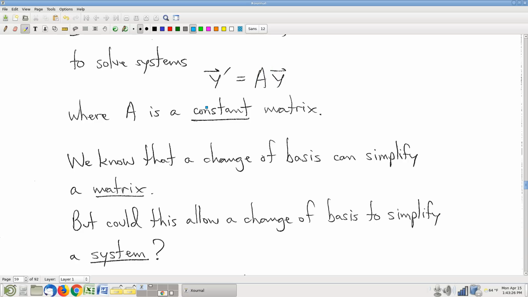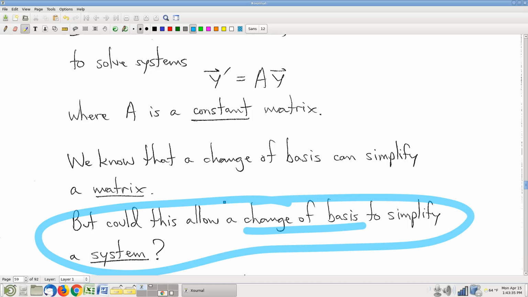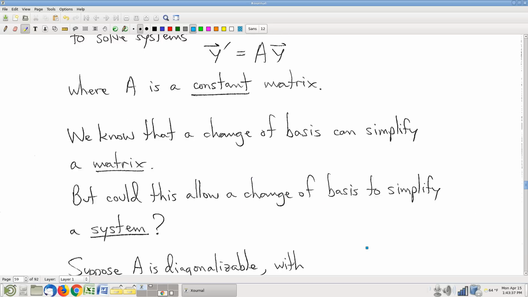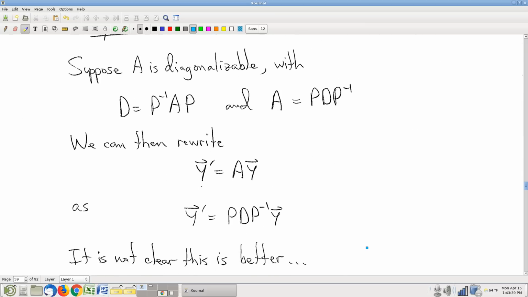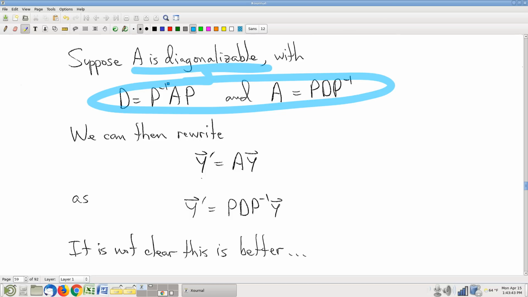We're hoping that a change of basis, just like we saw in chapter 5, will help us simplify our system of equations. All right, now does it? Let's experiment. Let's see what happens. So suppose we have a diagonalizable matrix. Keep in mind that's what diagonalizable means, from different points of view, of course.